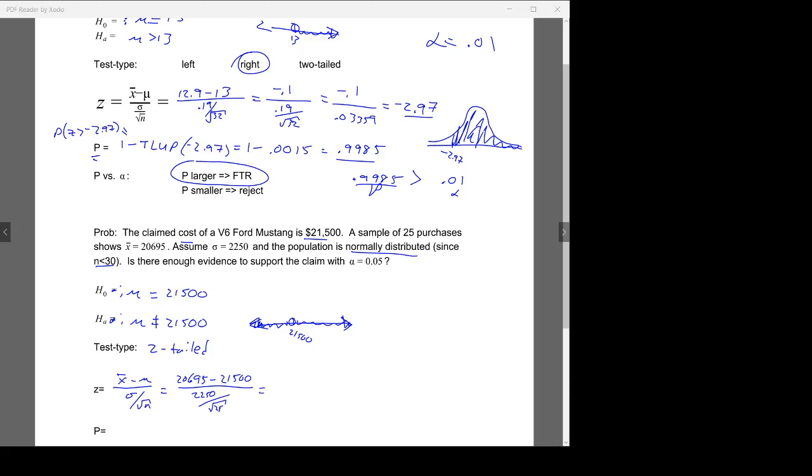So if we calculate that up, 21,695 minus 21,500 is... wow. Minus 805 over 2250 divided by 5, isn't it? 450.